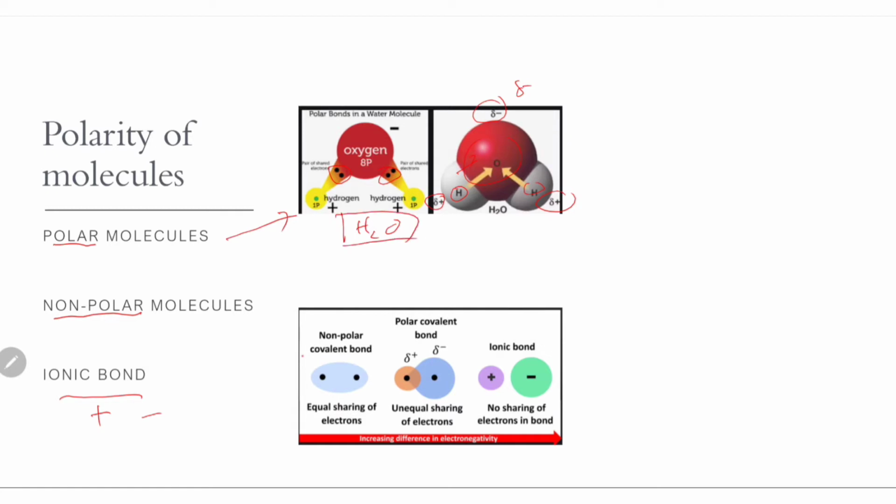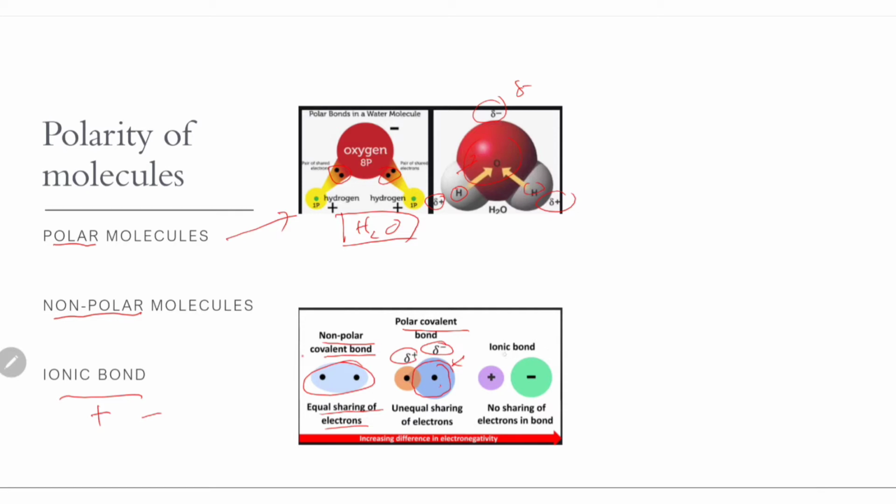molecule compound. And here non-polar, in covalent bond, the equal sharing of electrons, the electrons between two atoms are shared equally, so there is no negative pole or positive pole. For polar, there is a positive pole and a negative pole. The negative pole is where there are more electrons in the electron cloud, so this part is negative.